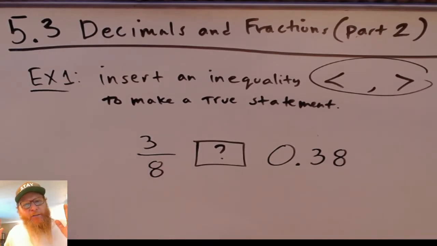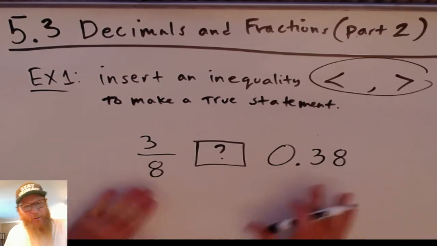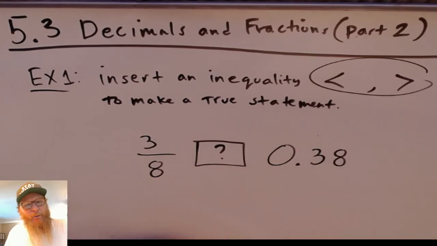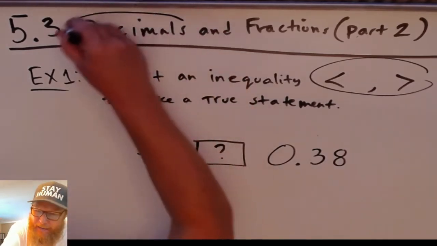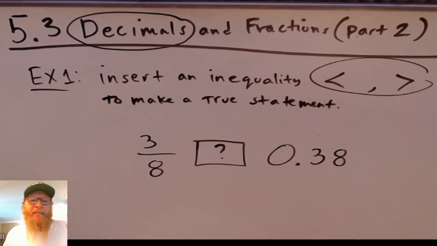So what I'm going to do is assume that we don't know which one is greater, which one's less, and then we'll go through the process of how to do it. Since this chapter is about decimals, we are introducing the fractions to emphasize the quantity that is represented by a decimal.